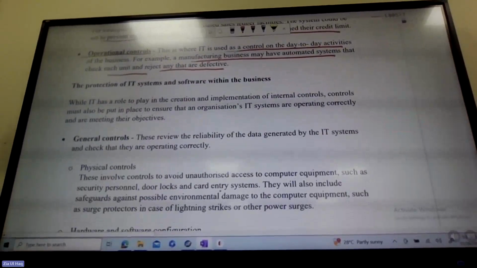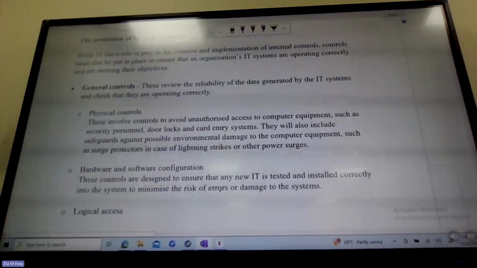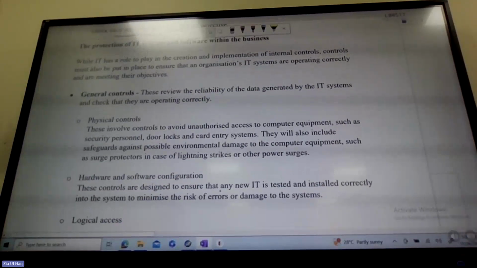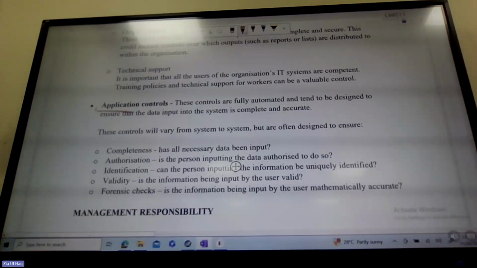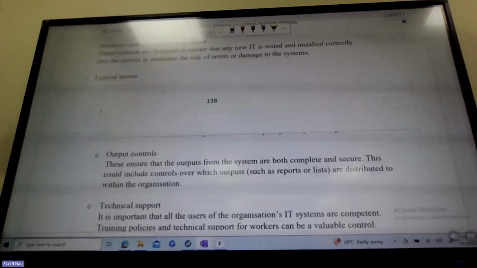Now we are moving towards learning IT controls. There are two types of IT controls, two types of policies that work on a computerized system. One is called general IT controls and the other is called application controls.